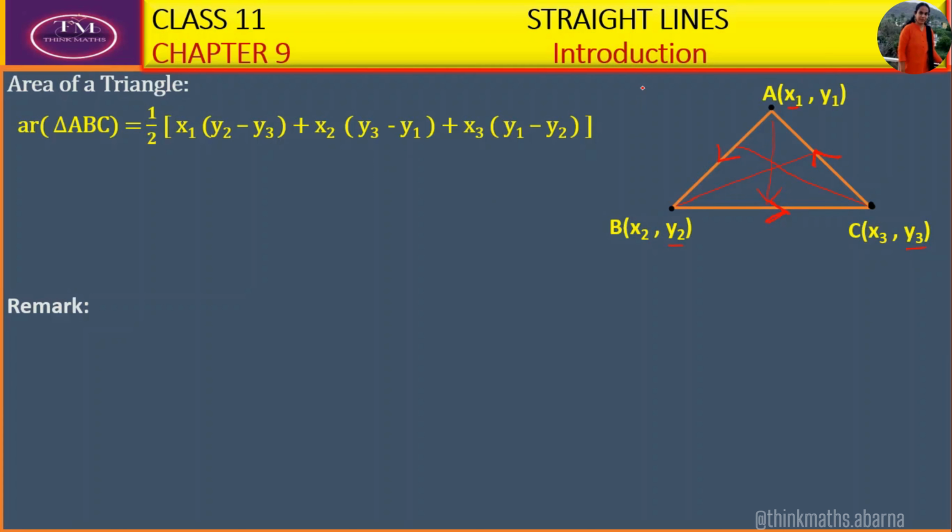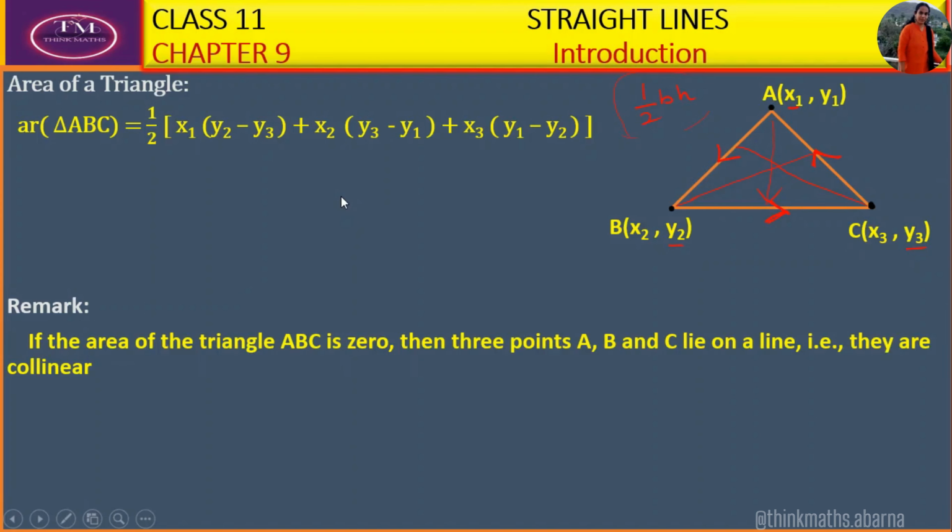Before that we found it is half into base into height. So if you know the base and height, we use that formula to find the area of a triangle. If you know the vertices, you can use this formula to find the area of the triangle.